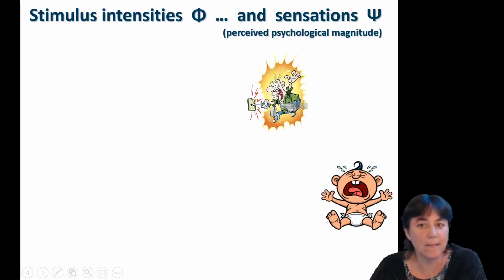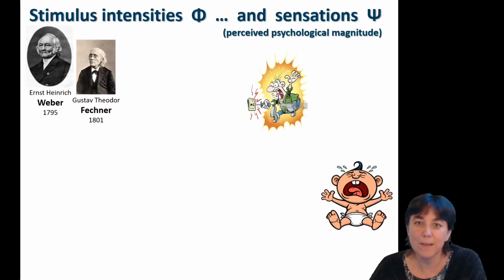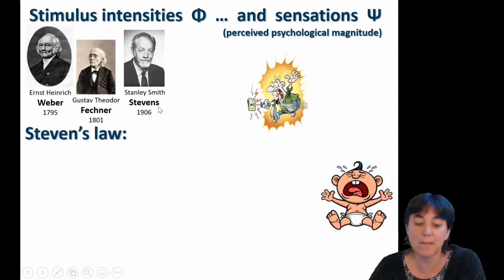Now, why is that? Because as many very intrigued researchers have found, first Weber and Fechner, later Stanley Smith Stevens, almost 100 years later, they have found this interesting equation that stimulus intensities and psychological sensations have this very specific way of relation.